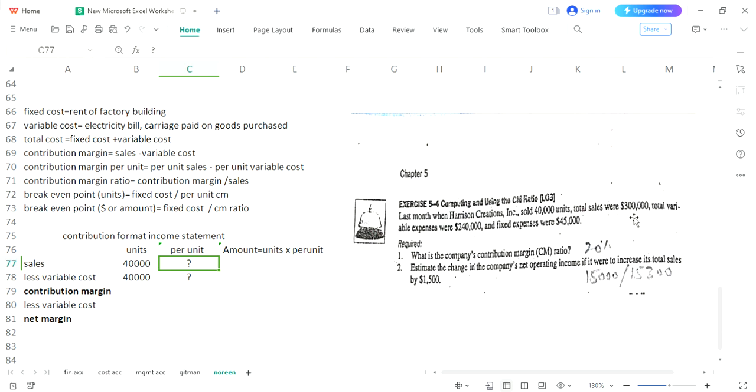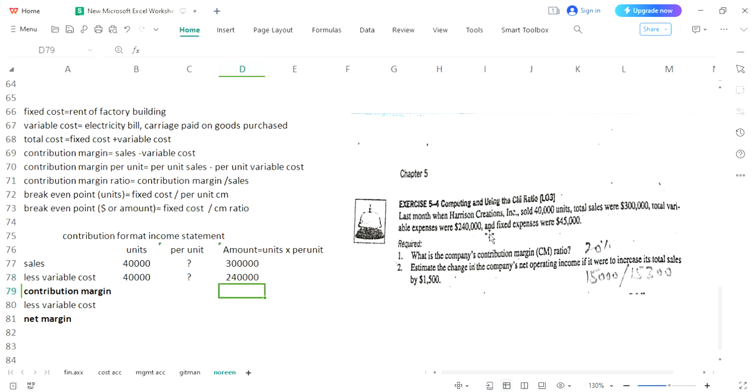The total amount has already been given. This is the amount of sales, 3 lakh. So you can directly put your 3 lakh amount over here. Cost is also given, and you can see variable cost is 240,000. So half of our problem has been sorted out.